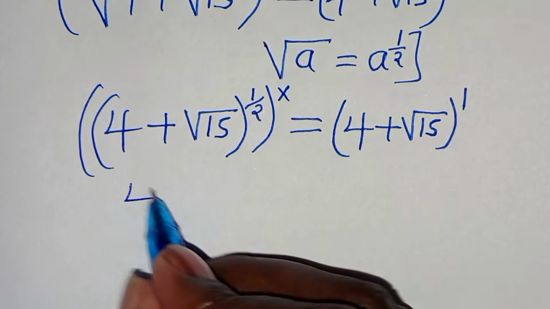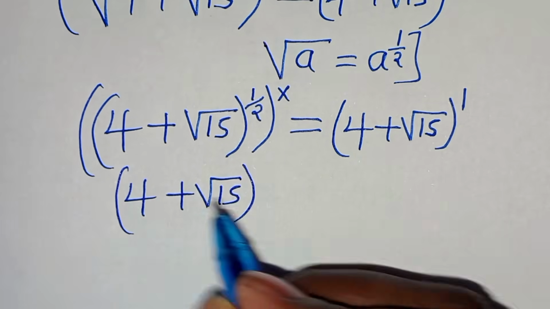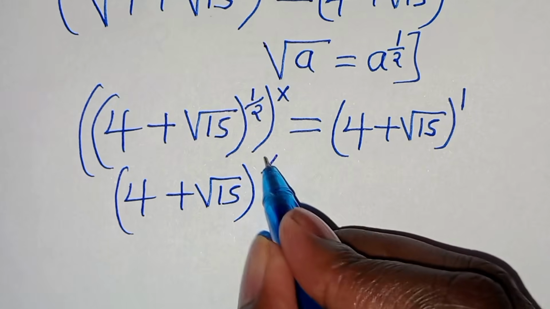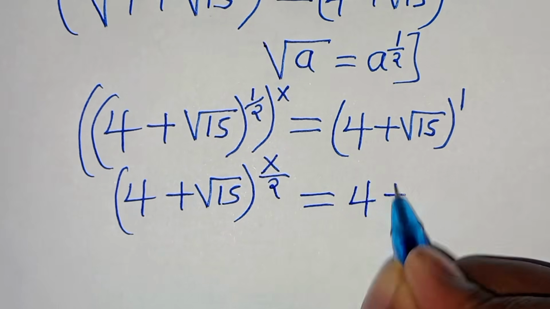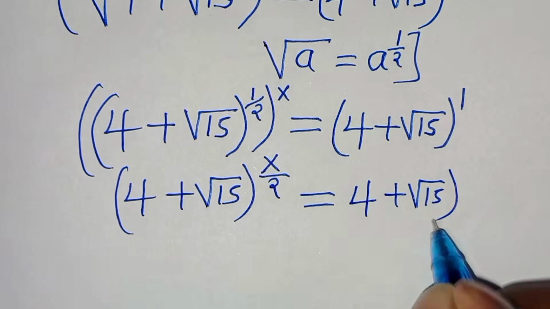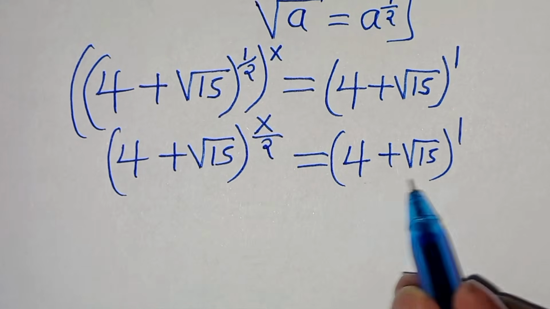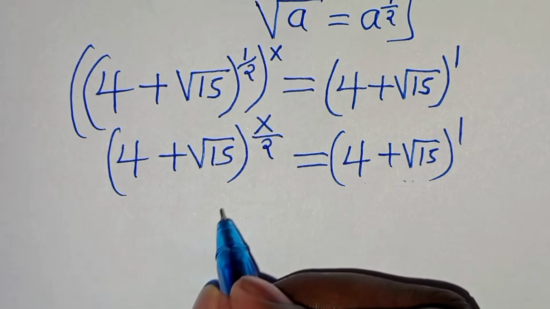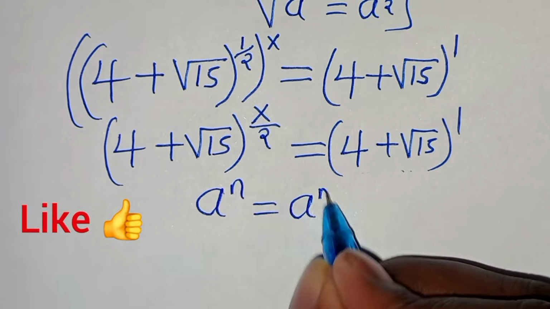Now this is 4 plus square root of 15 raised to the power of a half times x. This is x over 2. Then this is equal to 4 plus square root of 15 raised to the power of 1. Since the bases are common here, that is a to the power of n equal to a to the power of m.